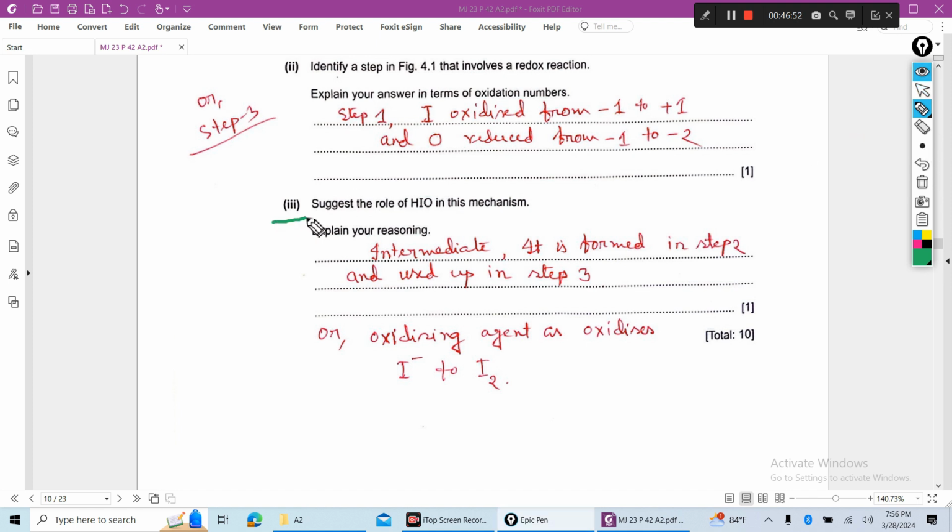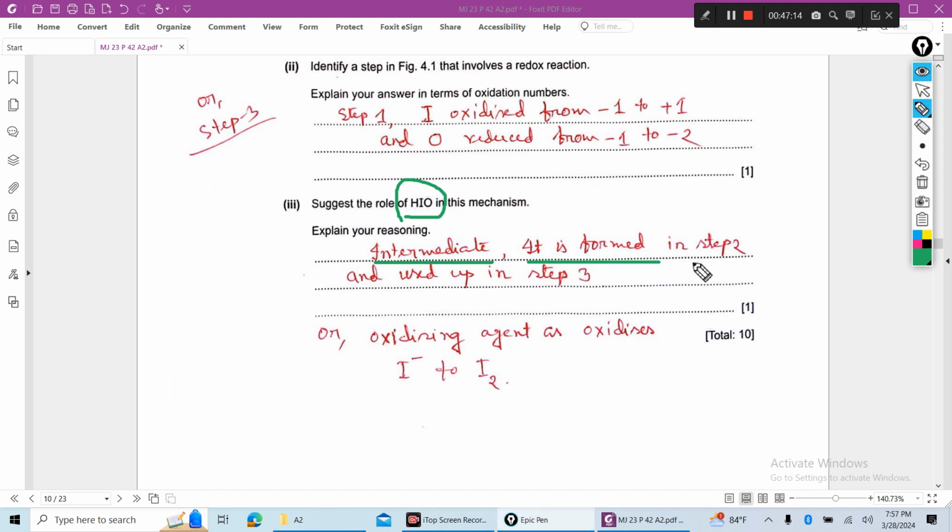Number 3, suggest the role of HIO in this mechanism, explaining your answer. Hypoiodous acid HIO, its role is intermediate. Why?